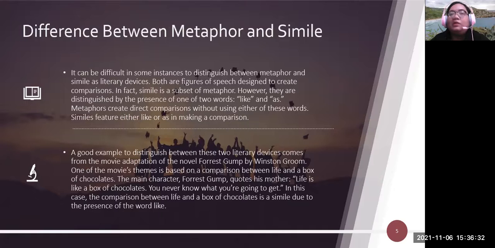You never know what you are going to get. So the comparison between life and a box of chocolates is a simile due to the presence of the word like. You're comparing and saying it's similar. Life and a box of chocolates are similar.